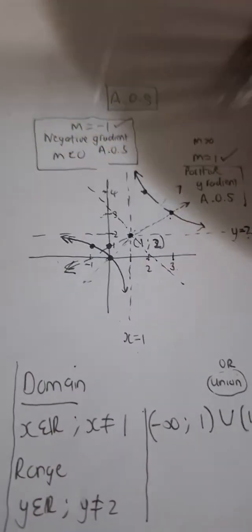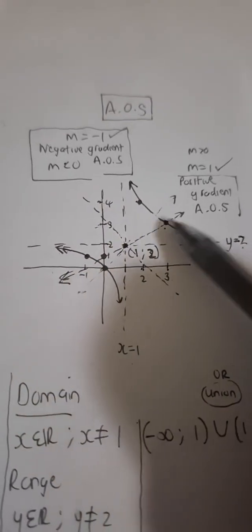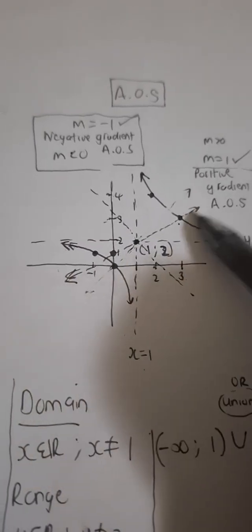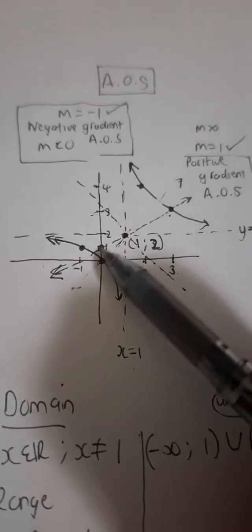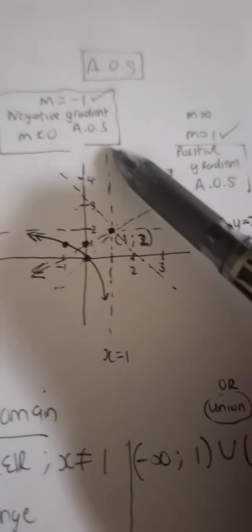So I said that there are two axes of symmetry for a hyperbola. There is a positive gradient axis of symmetry. Okay, guys, this line is an increasing line. It cuts through the point of intersection of the two asymptotes.